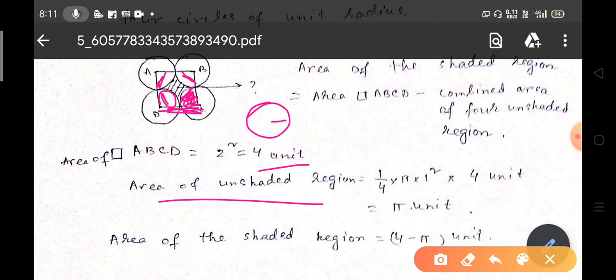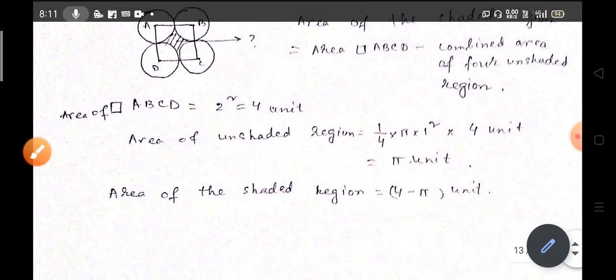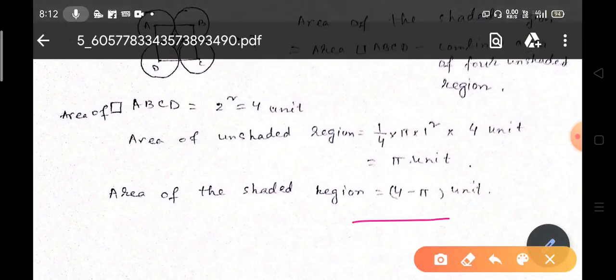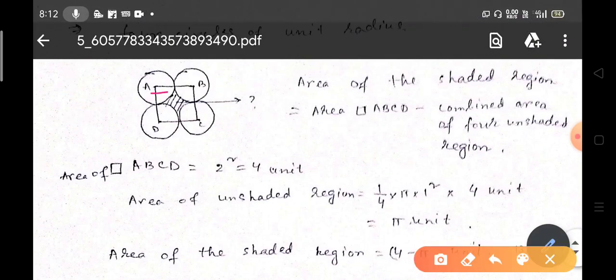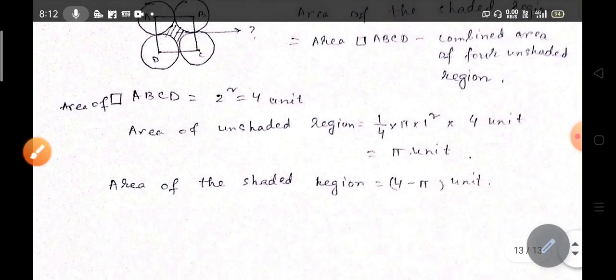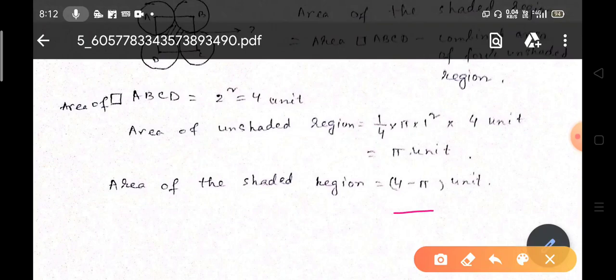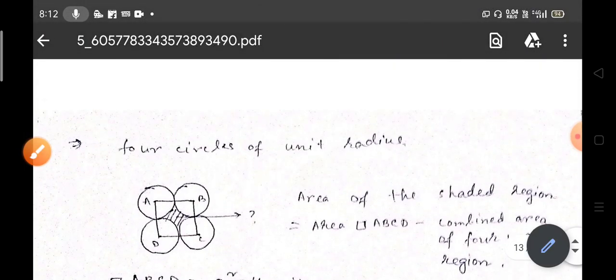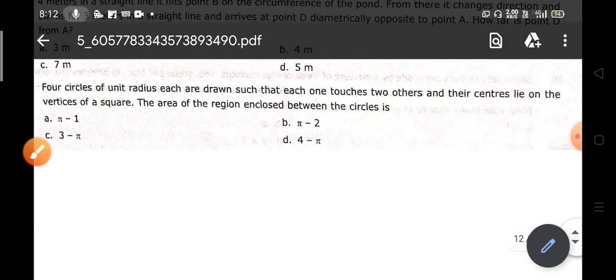So the area of the unshaded region will be pi r square, pi into 1 square, or 1 by 4 into pi into 1 square into 4, so it is pi units. The area of the shaded region will be 4, the area of the square, minus the unshaded region, pi. So 4 minus pi. The option is 4 minus pi, that is option D, the correct option.